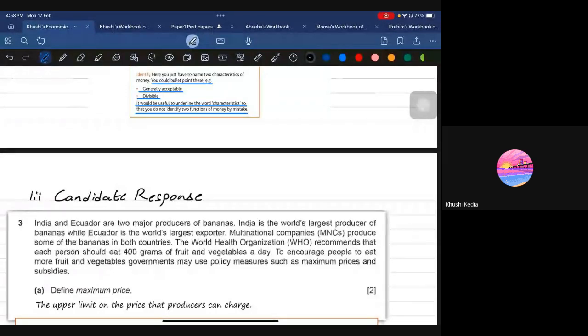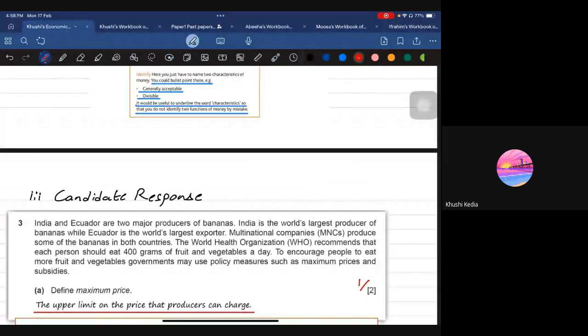Why is that? Because only one point is mentioned on what is maximum price. So what could have been done? What extra could he have done here?